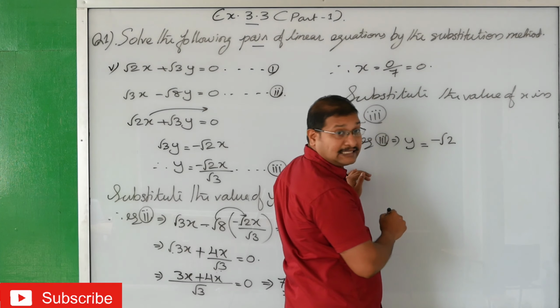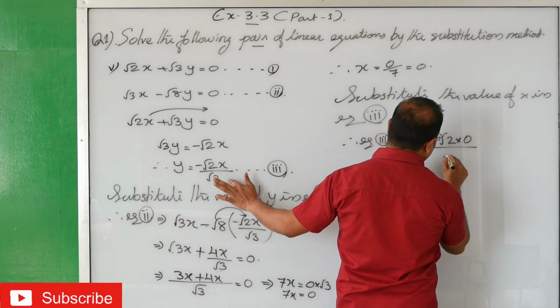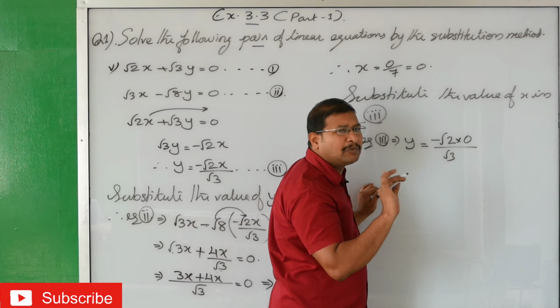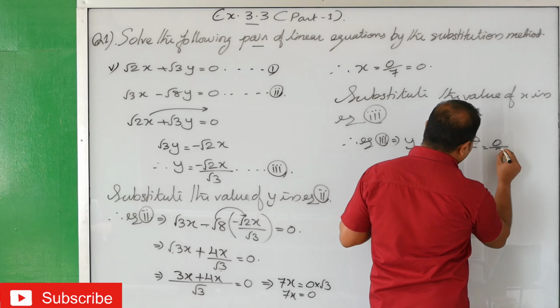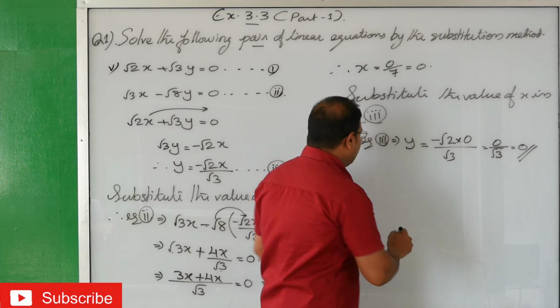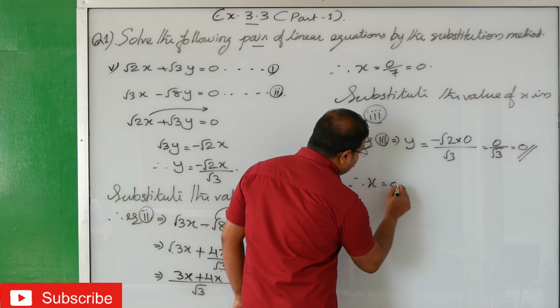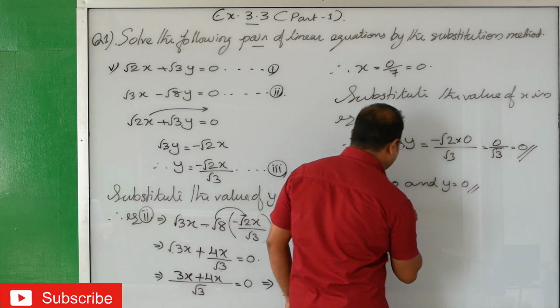The value of x is 0 into 0 divided by root 3. Here the number in the numerator is 0. You are going to get only 0. Otherwise, you will write 0 by root 3 equal to 0. Ready? Therefore, x equal to 0 and y equal to 0.